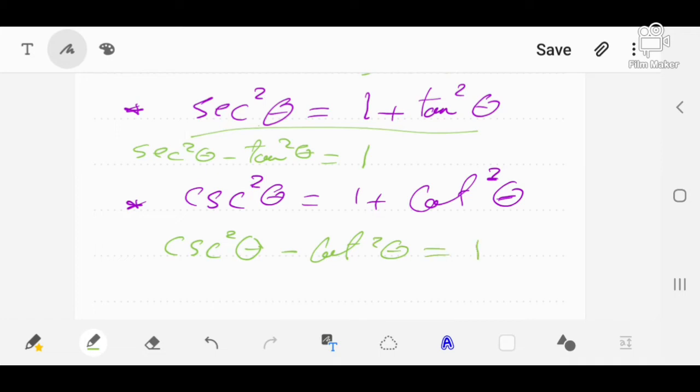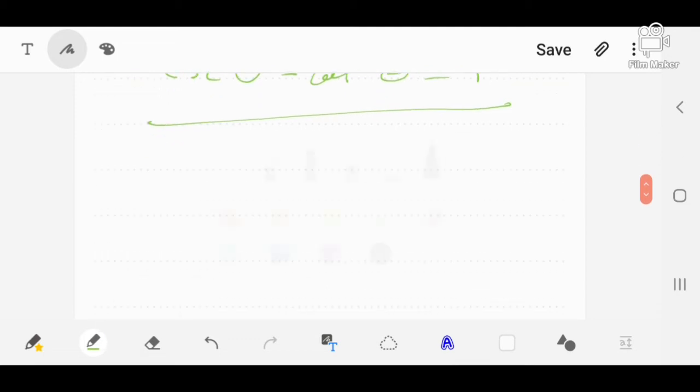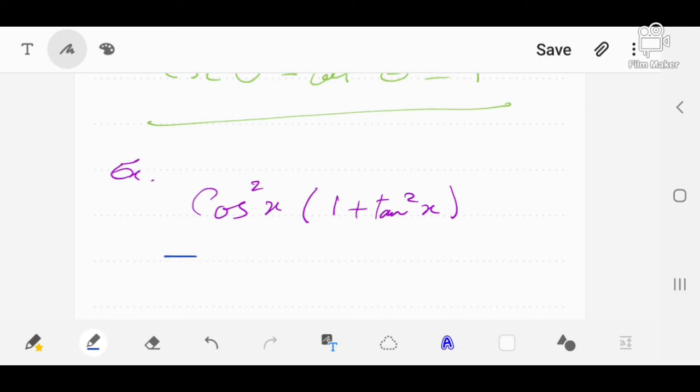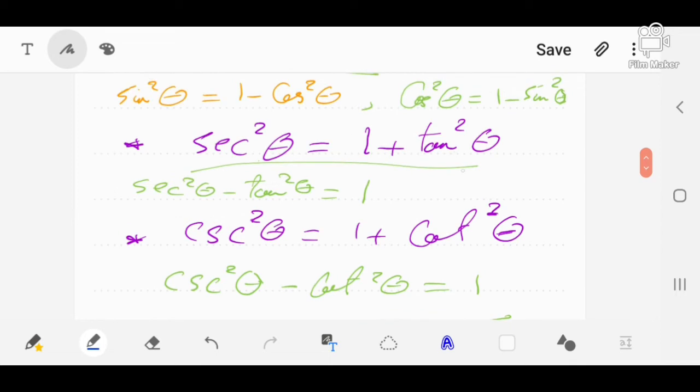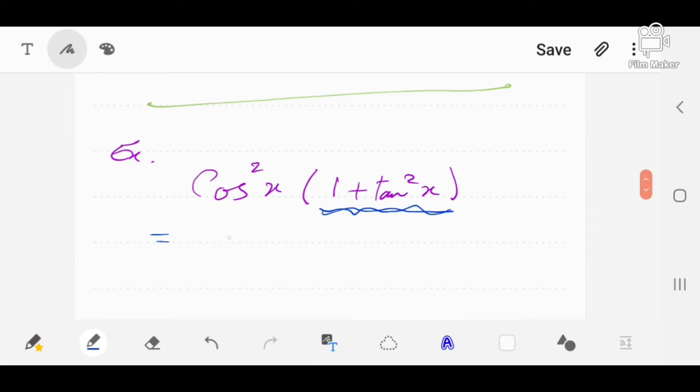Good. How am I going to use these? Let's have a look at an example here. Let's say that we have cosine squared x times 1 plus tan squared x. If I want to simplify this, what would I do? Well, we know that 1 plus tan squared is equal to secant squared. So I can replace the whole bracket by secant squared. So this will be cosine squared x times secant squared x.